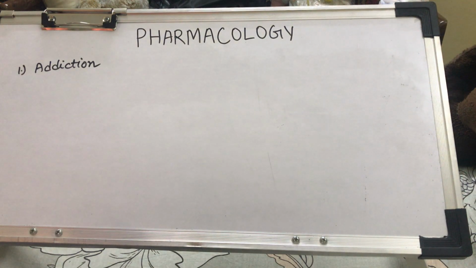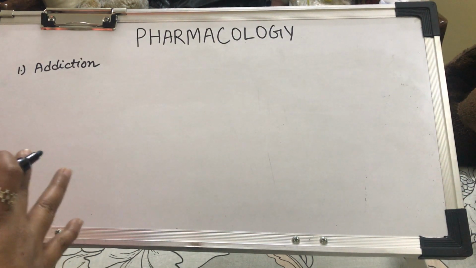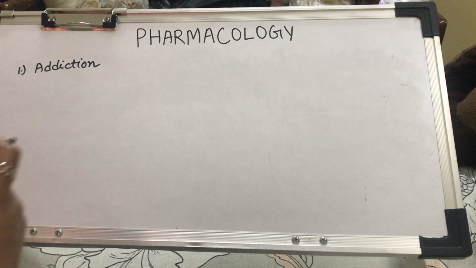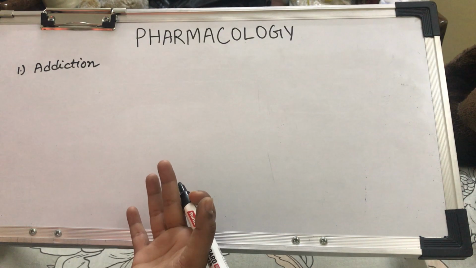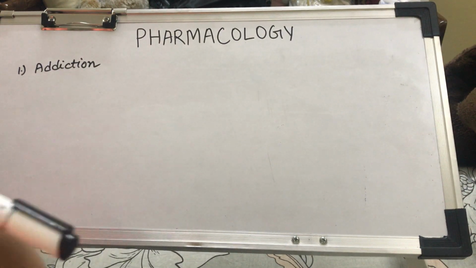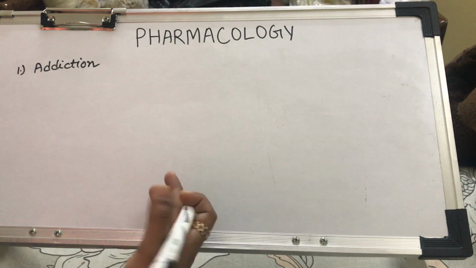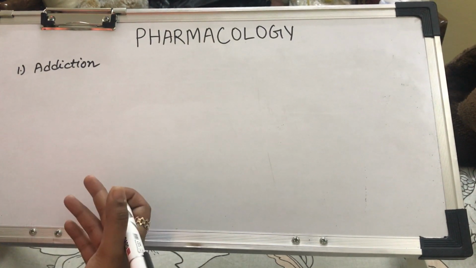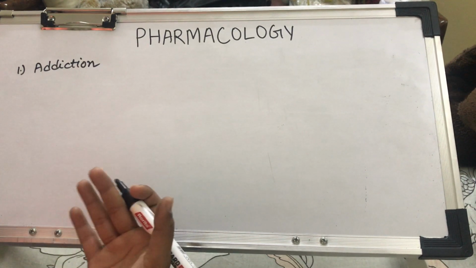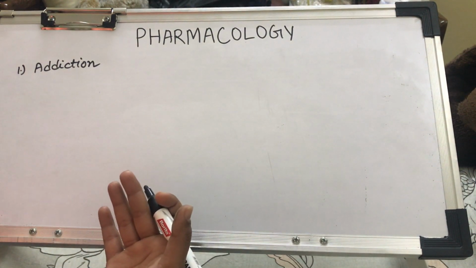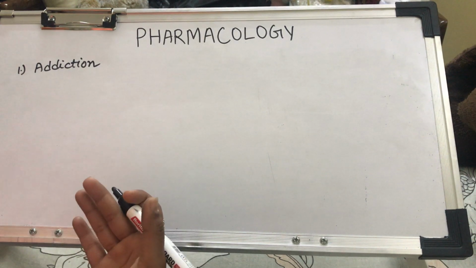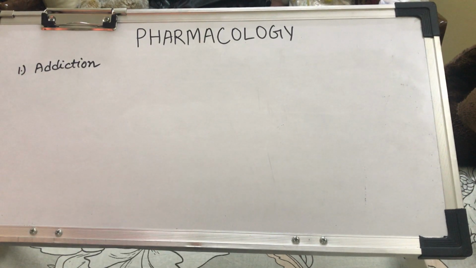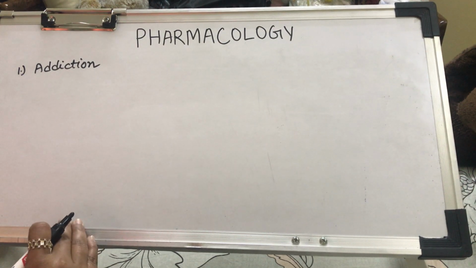You are uncontrollably seeking drugs, you are being secretive and hiding these drugs, you are having relationship difficulties, and behavioral disturbances. These are some of the common symptoms seen in a person suffering from addiction with any kind of drug, activity or chemical.